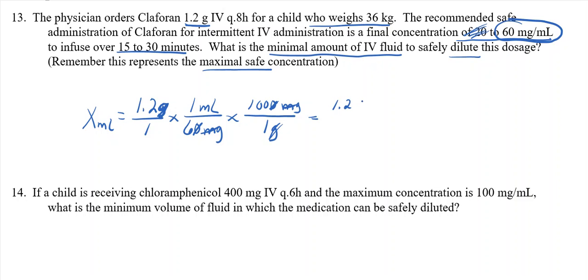So I have 1.2 times 100 divided by 6. 1.2 times 100 is... sorry, I did that wrong.